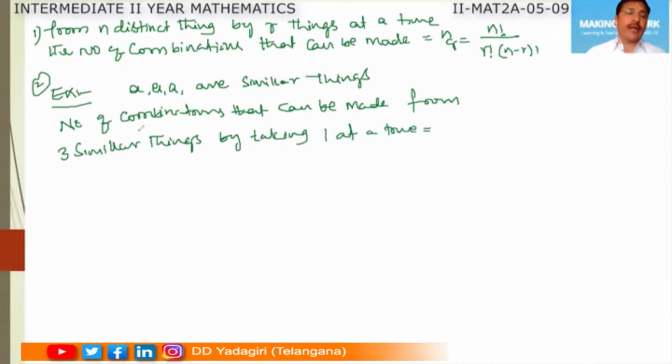How many? By taking one at a time, because these three are similar, we can choose either A or A or A, either this first A or this second A or this third A. So three things are similar. So how many ways can we choose one letter from these three? Only one way.